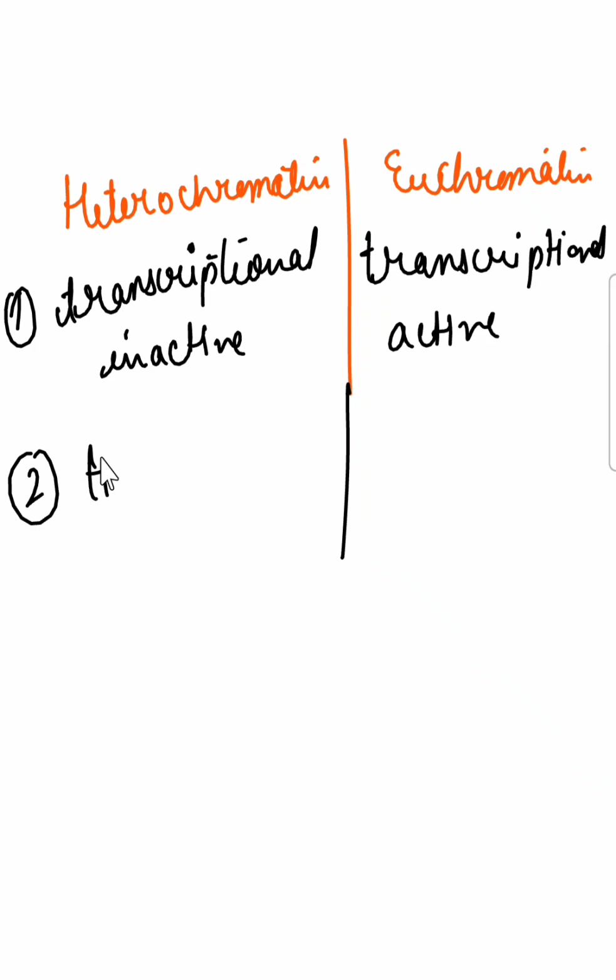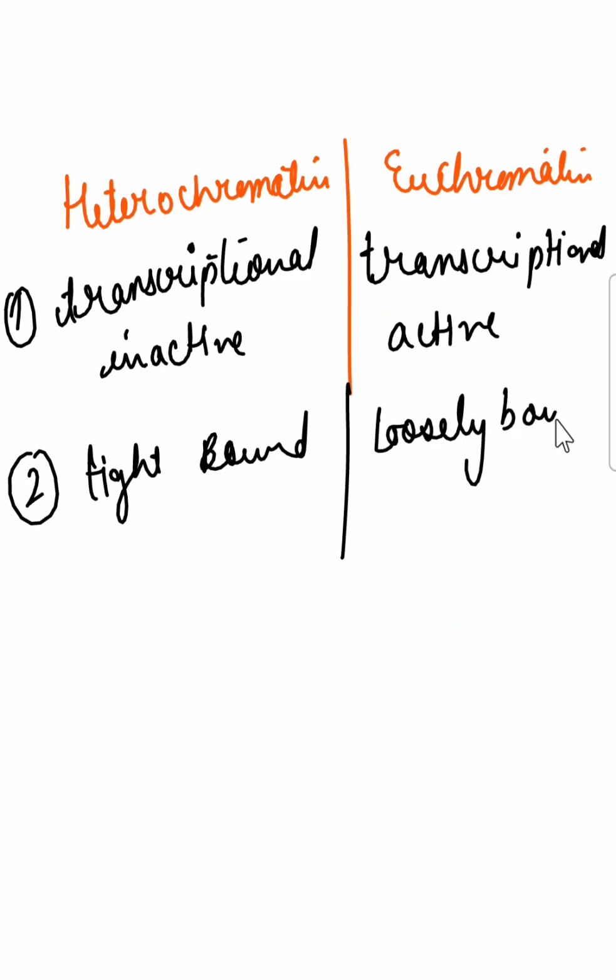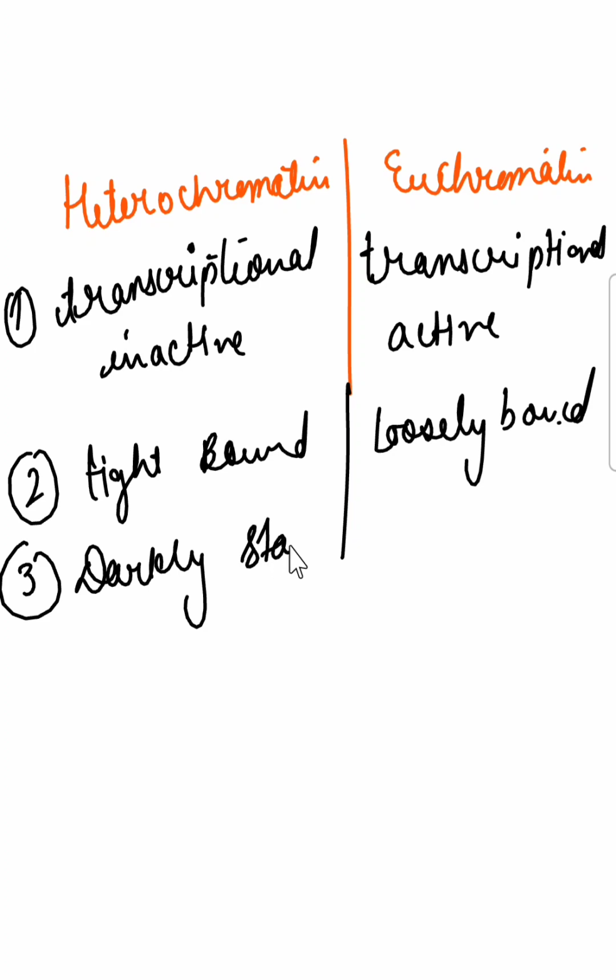Heterochromatin is tightly bound, euchromatin is loosely bound. Because it is tightly bound, it is darkly stained. If euchromatin is loosely bound, then it is lightly stained.